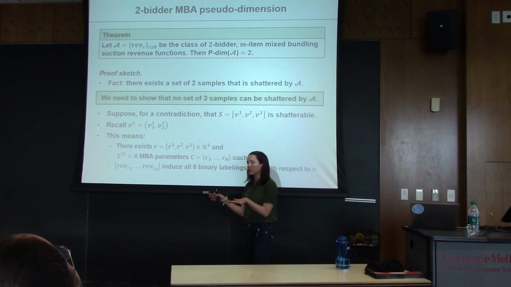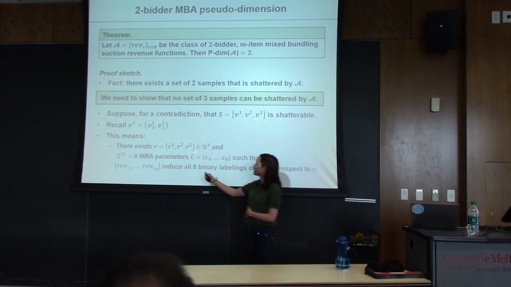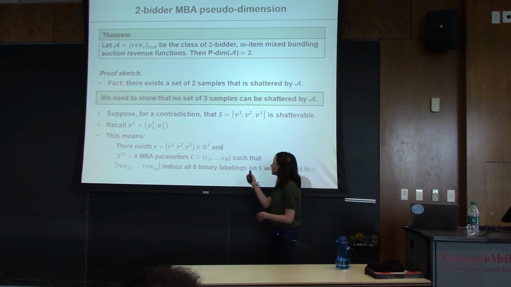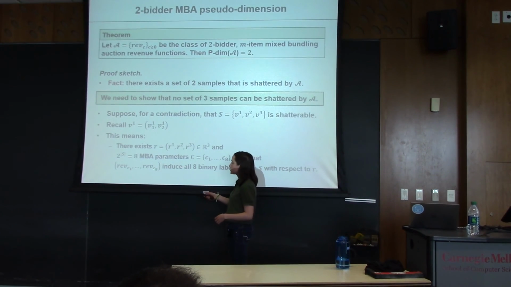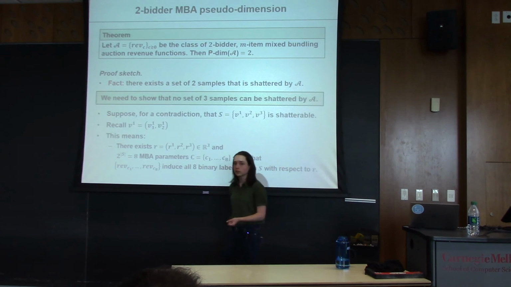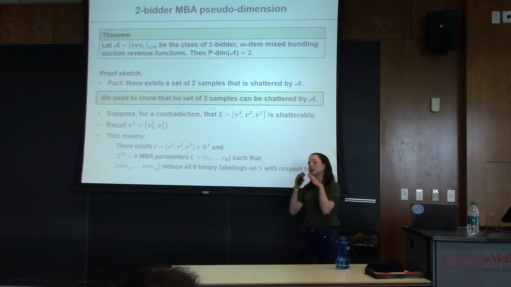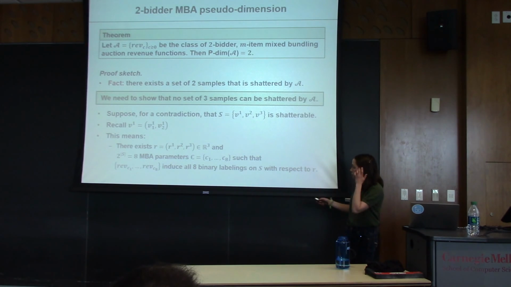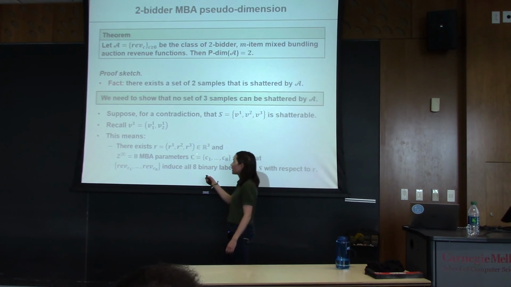And what does it mean to be shattered again? It means there exists a threshold vector and 8 MBA parameters such that the corresponding auctions on those 8 parameters induce all 8 binary labelings on S with respect to this threshold vector.